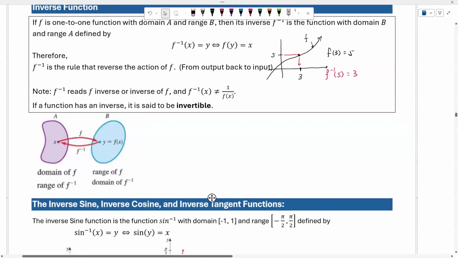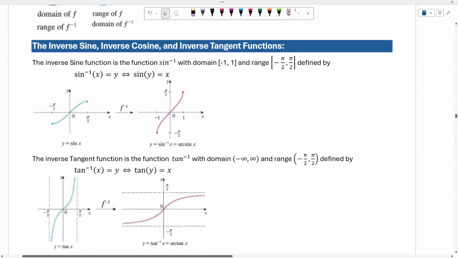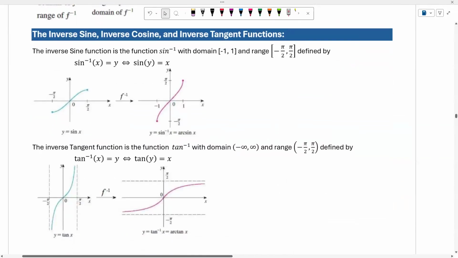Now let's go back to the inverse sine, cosine, and tangent functions. In order to get an inverse function, it must be a one-to-one function.